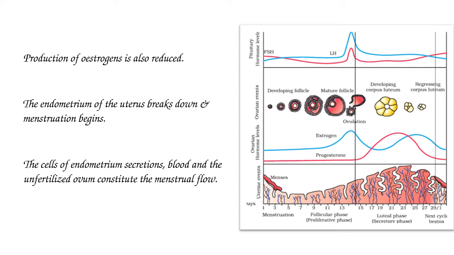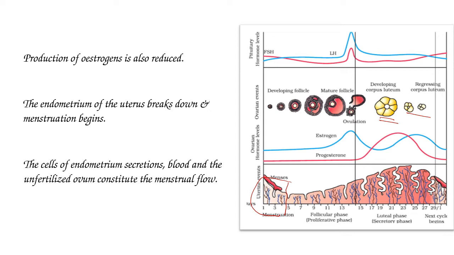Till now, we have discussed that these first 5 days are called the menstrual phase, and during this phase LH production is very low. As a result, the corpus luteum degenerates and reduces the production of progesterone, as we discussed. So LH production is reduced.